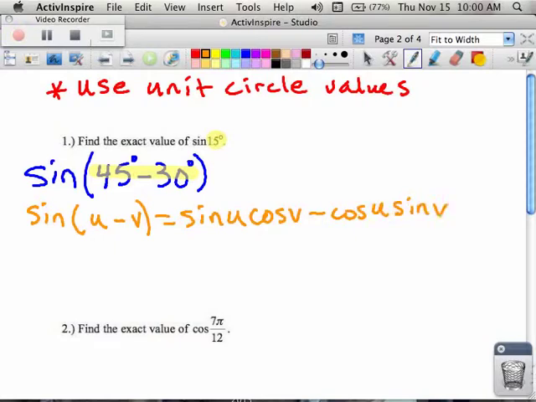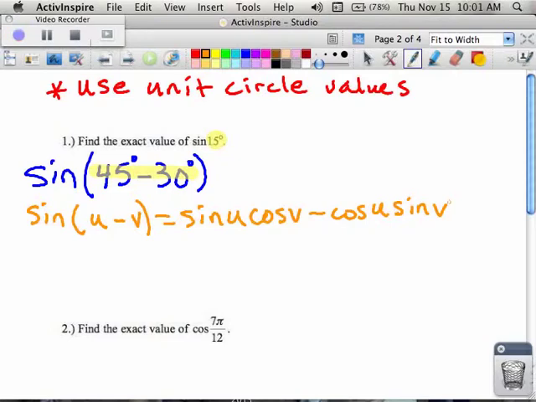You guys all see that? On the formula sheet, it's the top right-hand formula. The u is representing the first angle in the parentheses. The v is representing the second. So in our case, the u is the 45 degrees and the v is the 30 degrees.